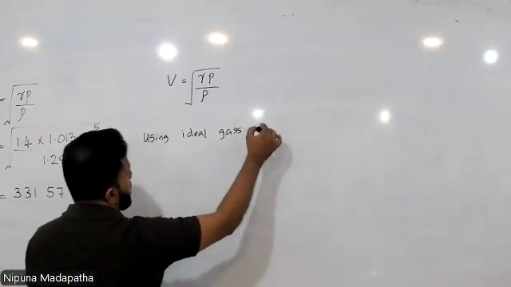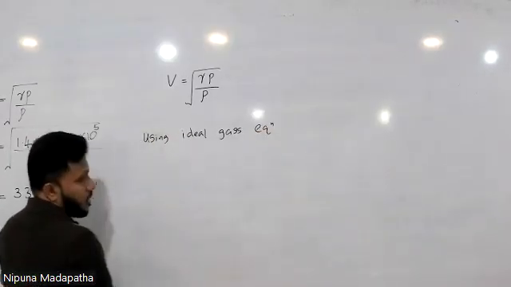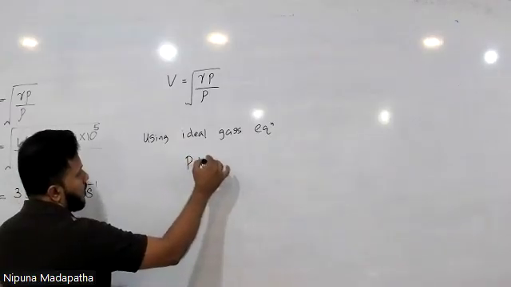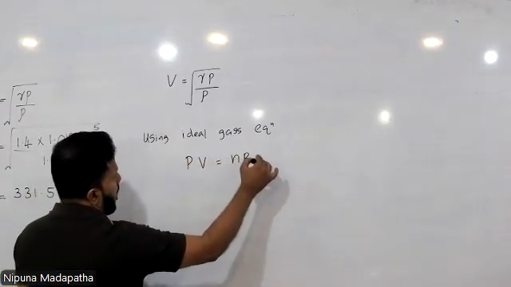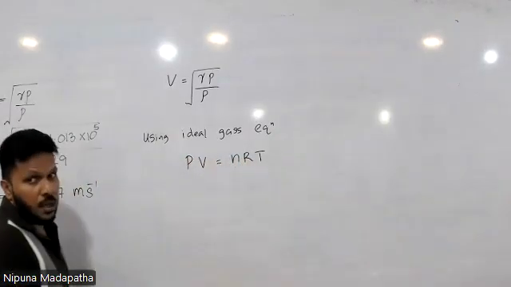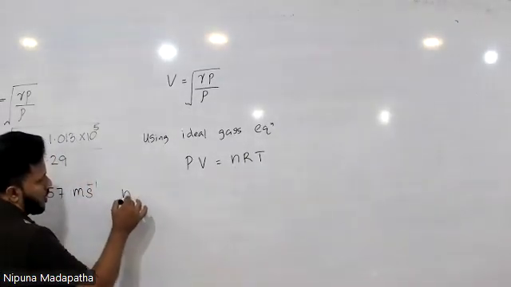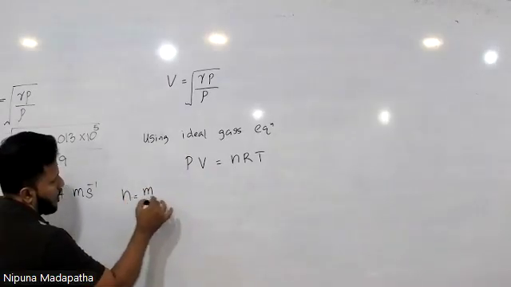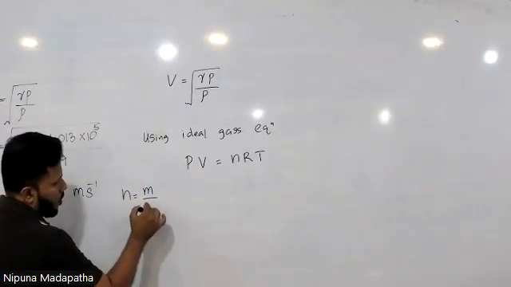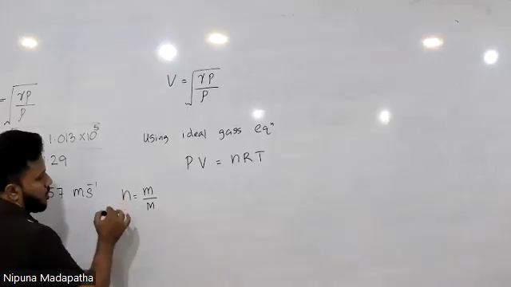PV equals nRT, where n is the number of moles, n equals mass over molar mass.